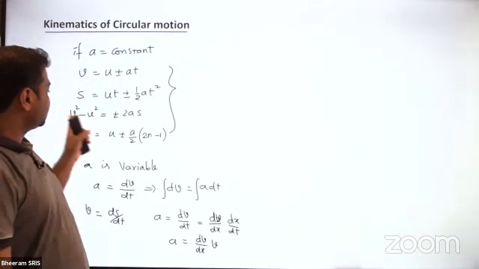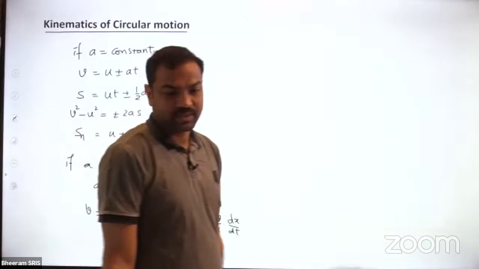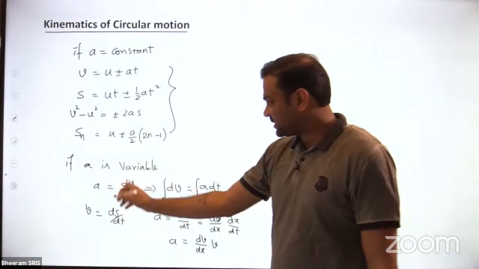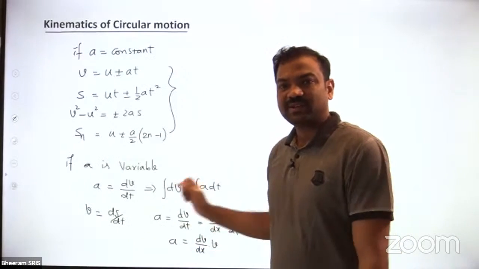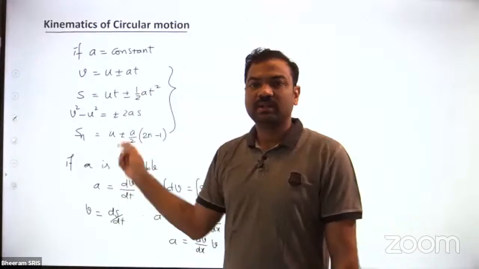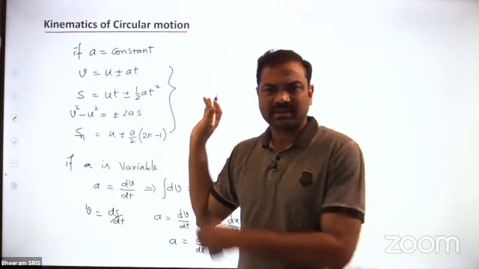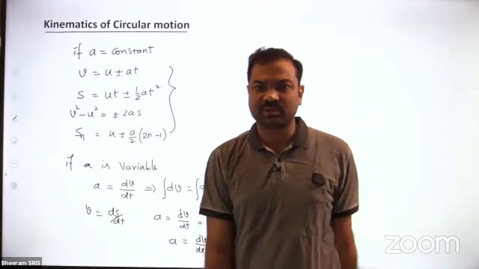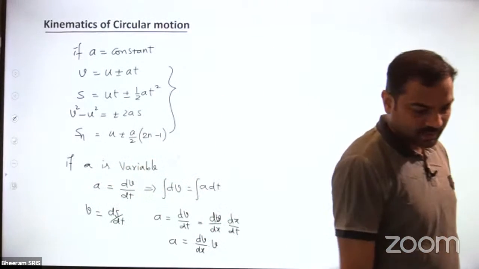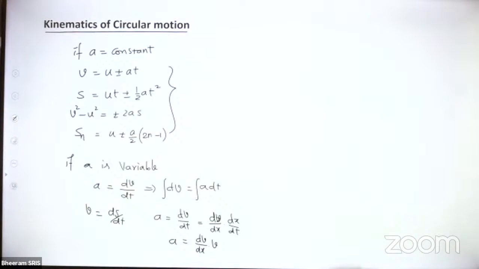Then if you integrate this, you will get the third equation by taking the acceleration constant. So when acceleration is variable, you have to use either derivative or integration. When acceleration is constant, you can use kinematic equations. This is purely for linear motion only, and already we discussed this part in kinematics, right?